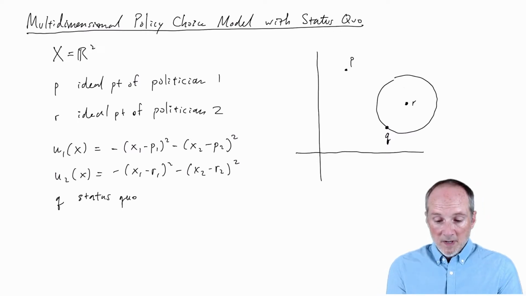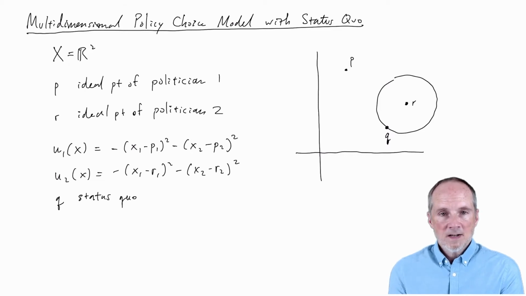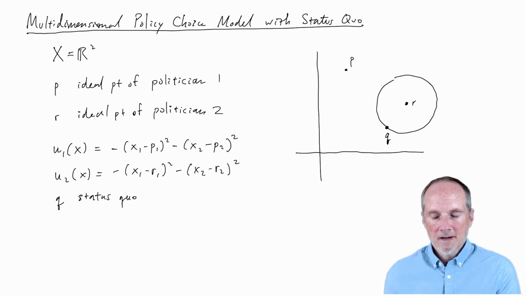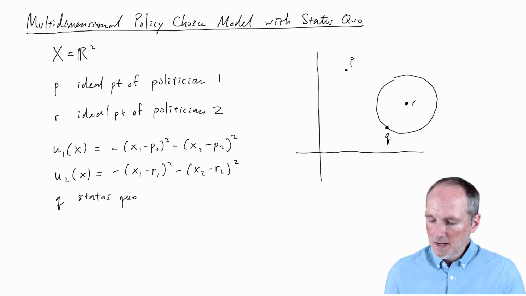Now we're going to impose this optimality principle on both of these decision makers. Again, we need to figure out what is the approval decision of the second politician for any possible proposal of politician 1. And that's going to work very much like the one-dimensional version of this model.